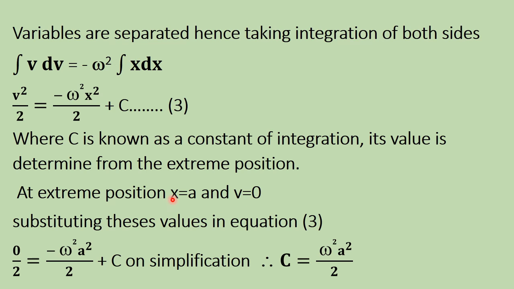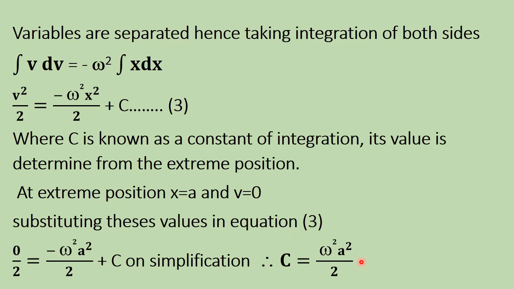Therefore, substituting x equal to a and v equal to 0 in equation 3, we get 0 divided by 2 equal to minus omega square a square upon 2 plus c. Simplifying, we get c, the constant of integration, equal to omega square into a square divided by 2.